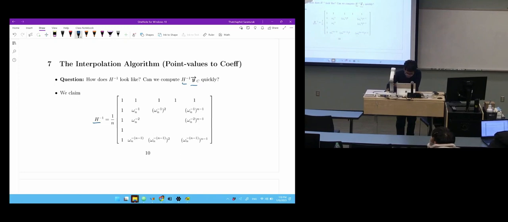That is, it's really just a matrix such that the ith row and jth column look like omega_n inverse to the power i times j.